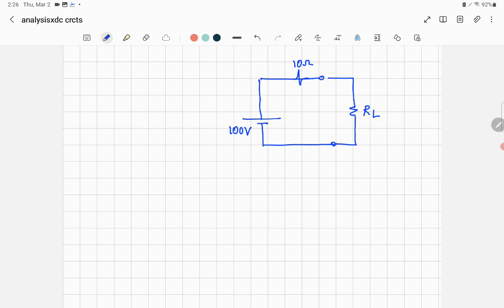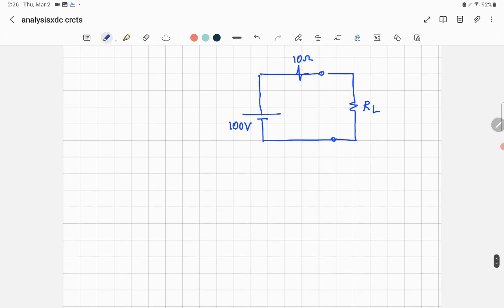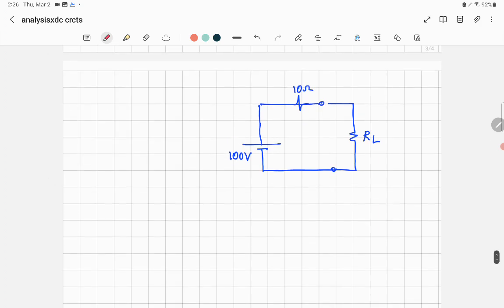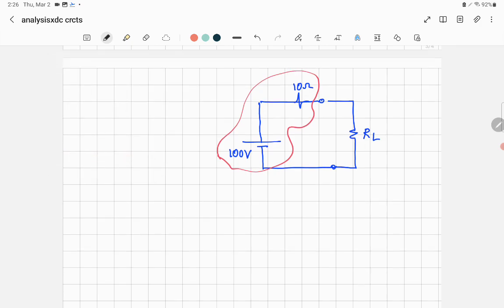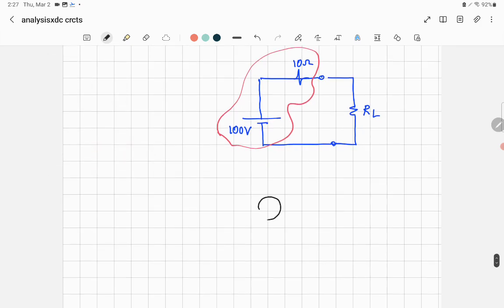So how do you convert this one to a current source? Very simple. You just look for the voltage source, and it's connected with a resistance in series. So you draw the current source, with the arrow directed upward. And then you ask why upward? Because this is positive upward, so the arrow of the current will also be upward.